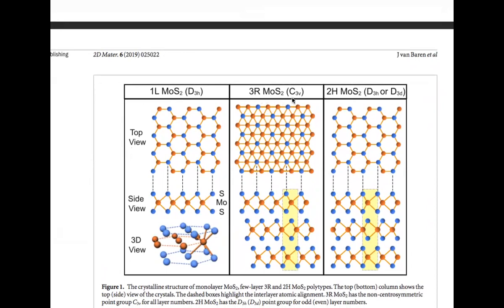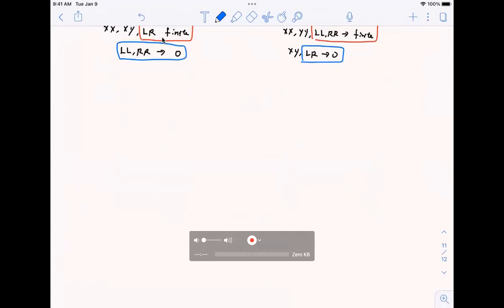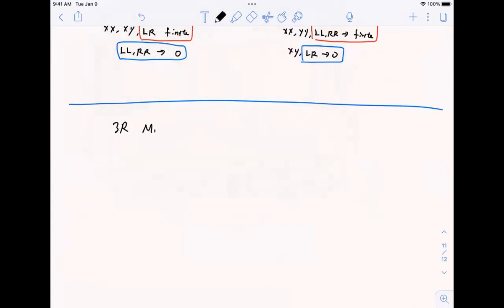Okay, for this one, 3R MoS2 is C3V. So let's do it, C3V. The group is actually simpler.